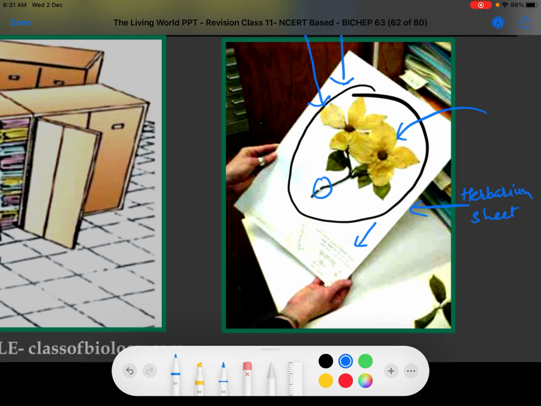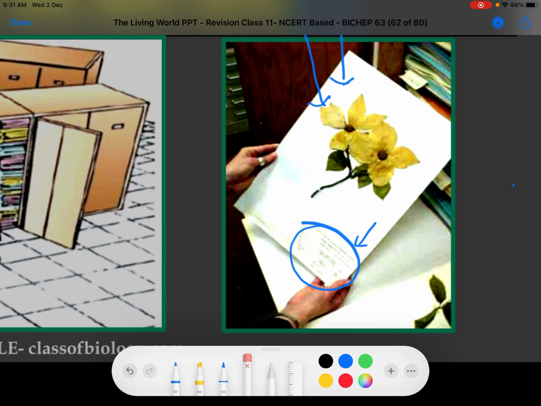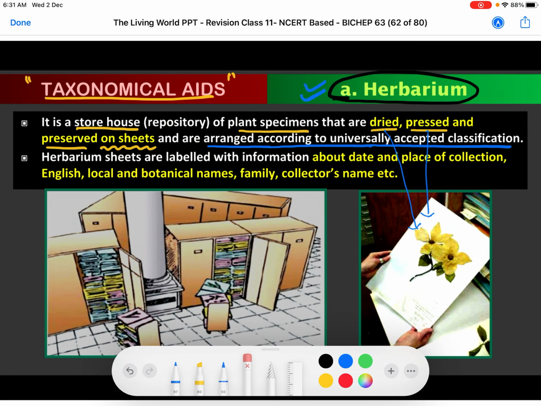For example, by whom it is collected, from which place, what is the common name, what is the scientific name, and the entire classification, date of collection, season of the collection, etc. These will help you to understand the diversity and the classification, and this is a use of the herbarium. This method of preserving plants is based on dried, that is non-living plants, not in the living condition.